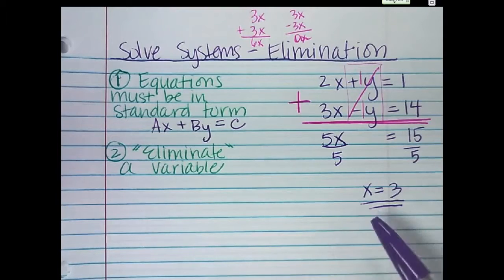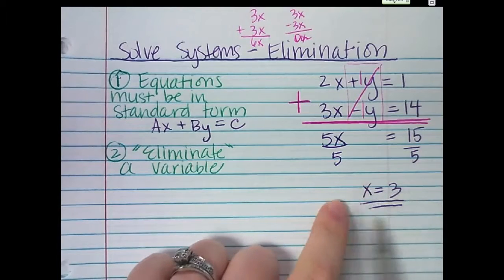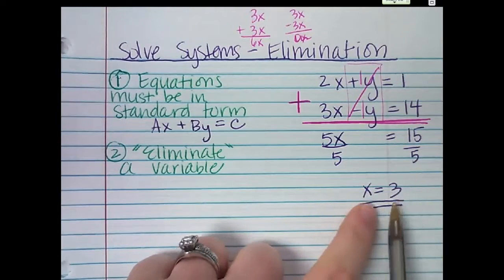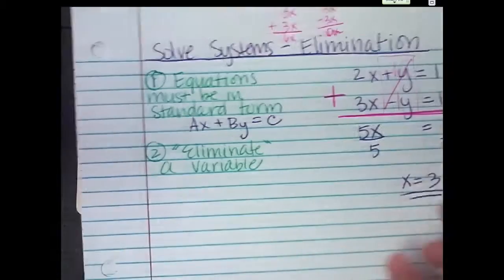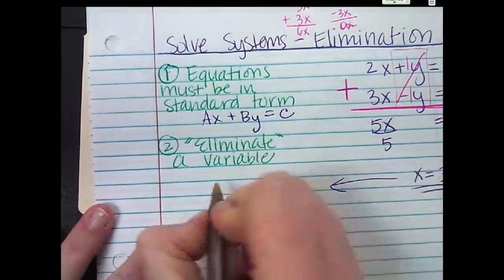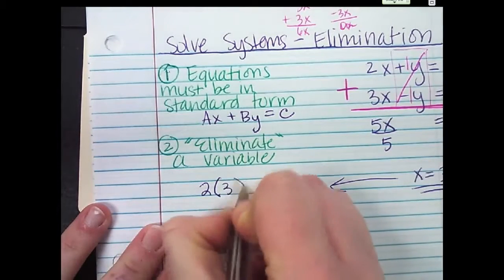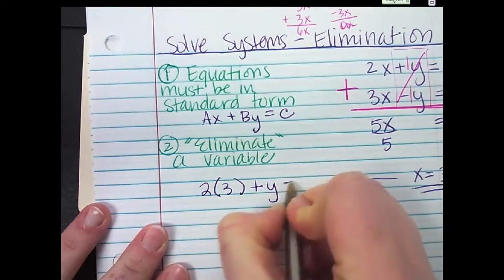So here's x. How would I solve for y? Go back and plug it in. So just like yesterday, only it takes us a little bit less time to get to this point. I'm going to take this 3 to go back into this first equation or the second equation. So I'll go back to the first one. 2 times 3 plus y equals 1.